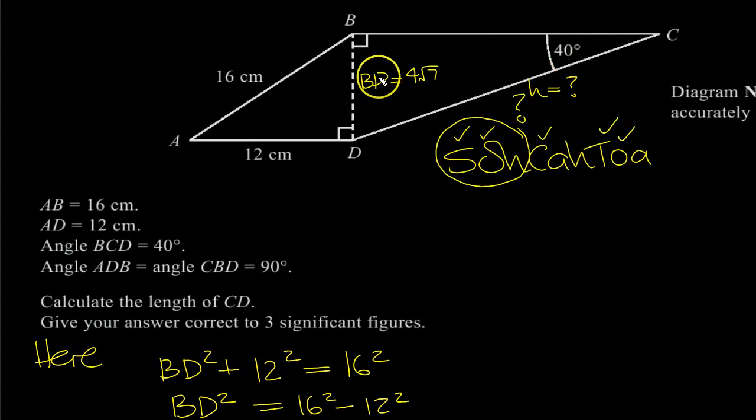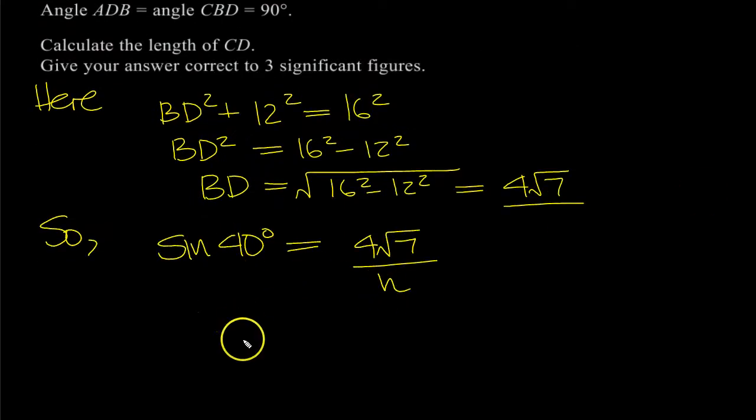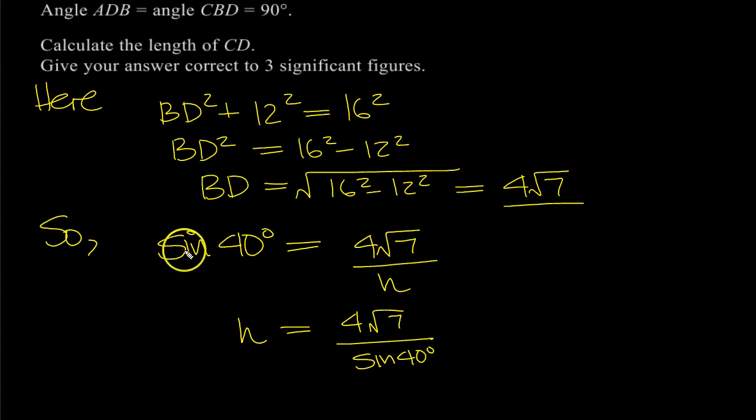Okay, move the H up to the other side to times, and at the same time move the sine 40 degrees down below. So it's 4 root 7 over the sine 40 degrees. So we move this up from divide to times, and then we move this down from times to divide.